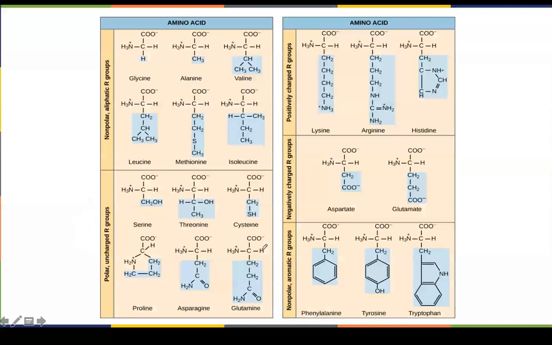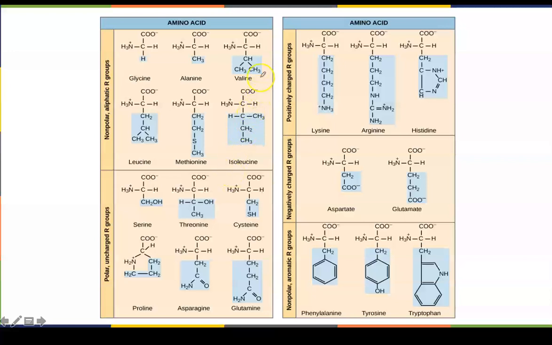Here's a chart of all 20 amino acids. You do not need to memorize this chart, but you do need to be able to find an R group if I give you a general diagram. And you need to be able to figure out the general characteristics of that amino acid based on its R group.